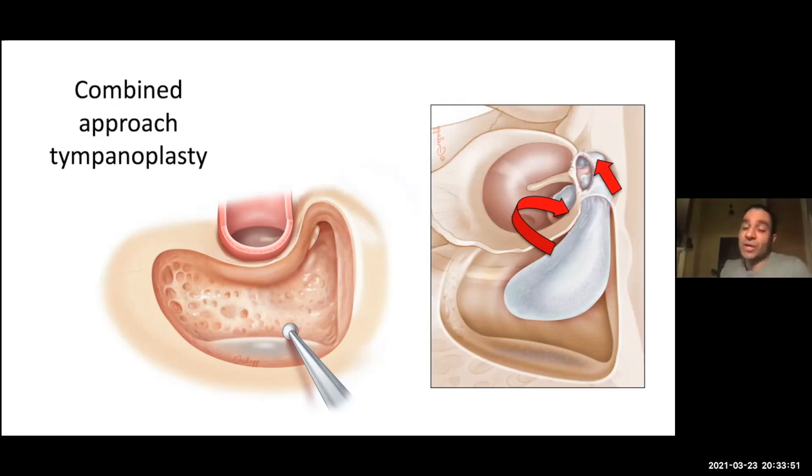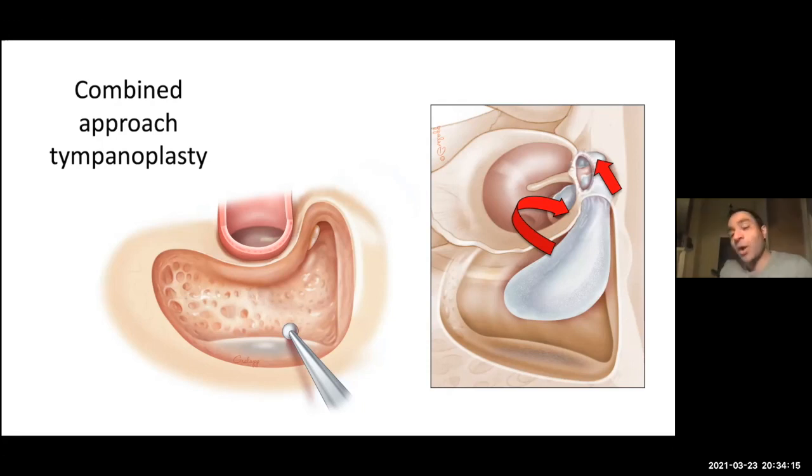The other place that is quite difficult to see, particularly with the wall-up approach, but even with the wall-down approach, is this area called the sinus tympani. So that is an area deep. Some of you will be au fait with the middle ear anatomy. The facial nerve is running around this corner here, and the sinus tympani is, if you like, medial to that space. And that's a very difficult area to see.